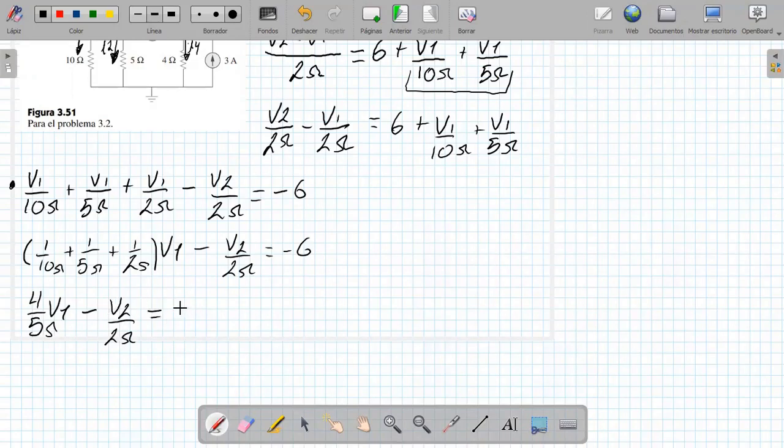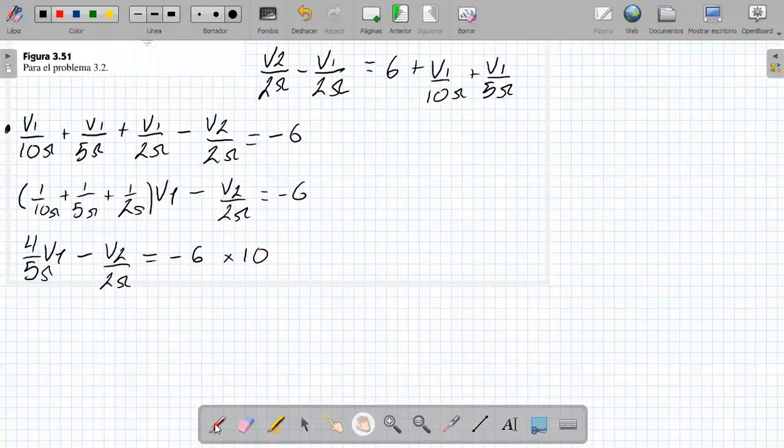Now we can leave this like this, but if you want, and this is optional, we can multiply the entire equation by 10, both on one side of the equal sign and on the other to maintain equality. This is in order to eliminate the denominator and have much clearer numbers.